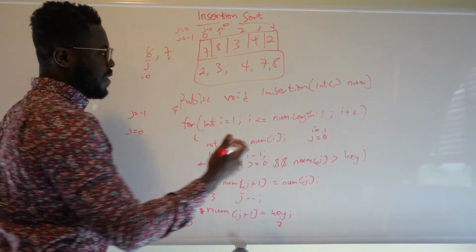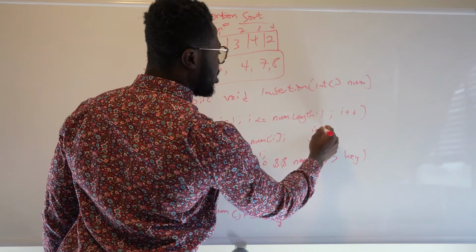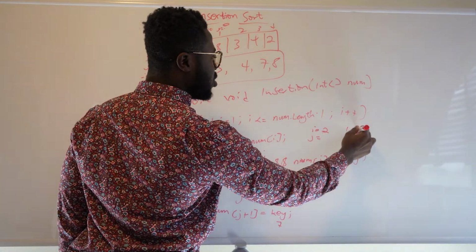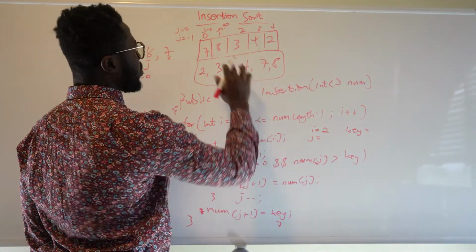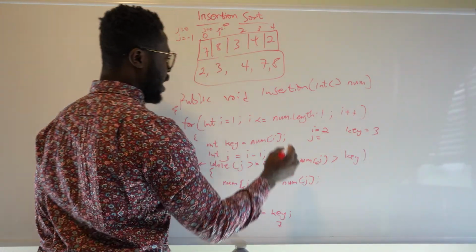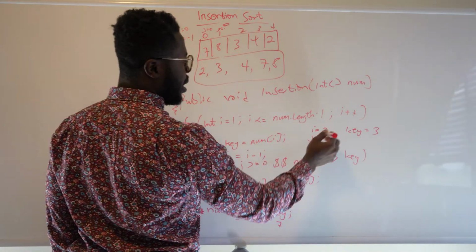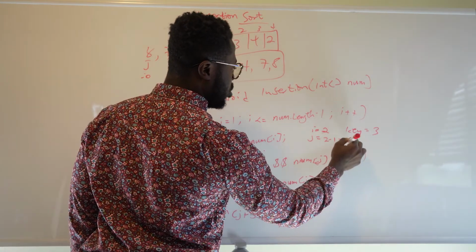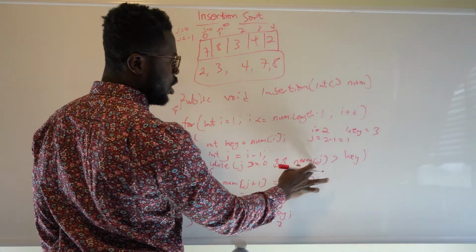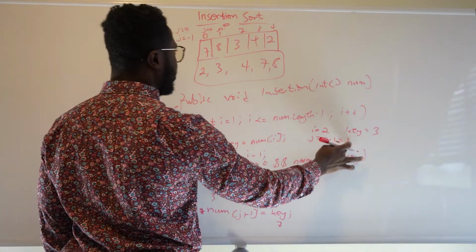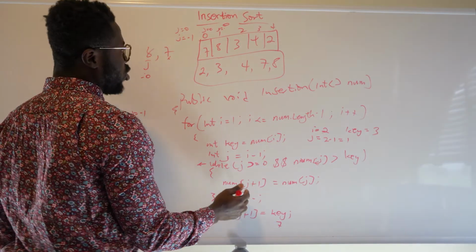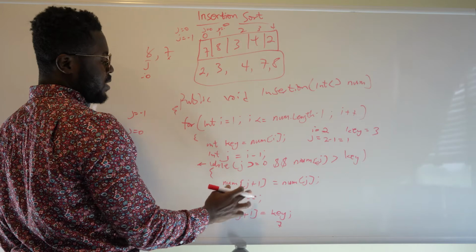After the second iteration, i is going to be 2, and the key is going to be 3, and j is going to be i minus 1, which is 2 minus 1, which is equal to 1. So j is 1, which is greater than 0. Num at 1, which is 8 in this case, is greater than key, so we are going to overwrite it.